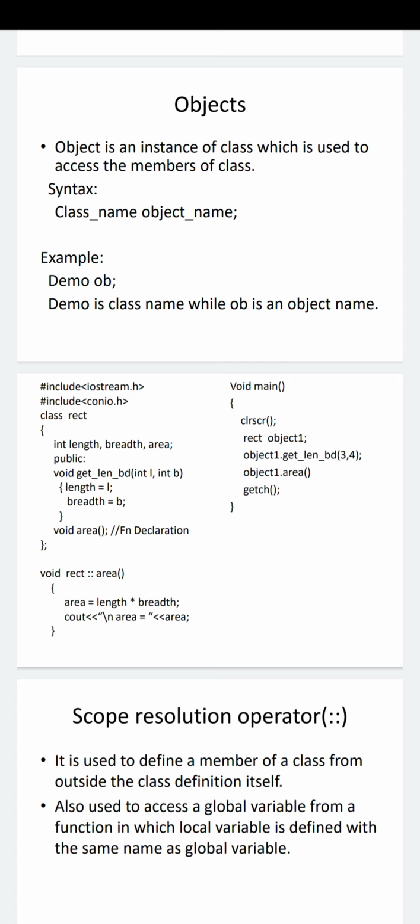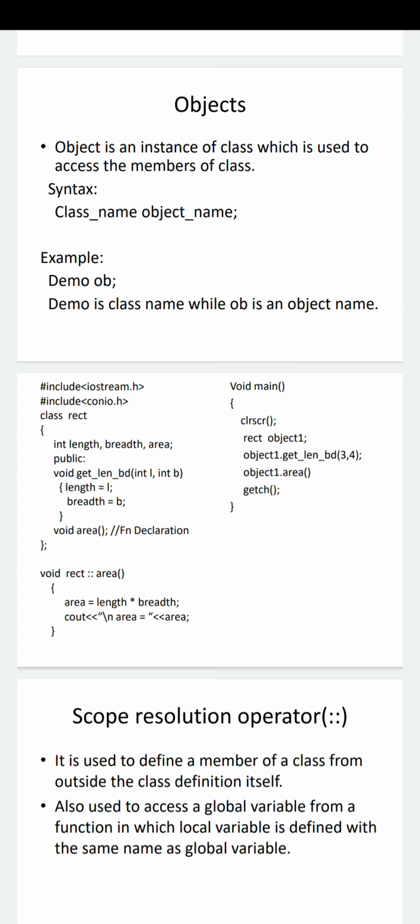So there are two ways of declaring and defining the functions inside the class. That is, we can define and declare the function inside the class, or we can declare the function inside the class and define it outside the class. It is up to us. Both the things are permissible.